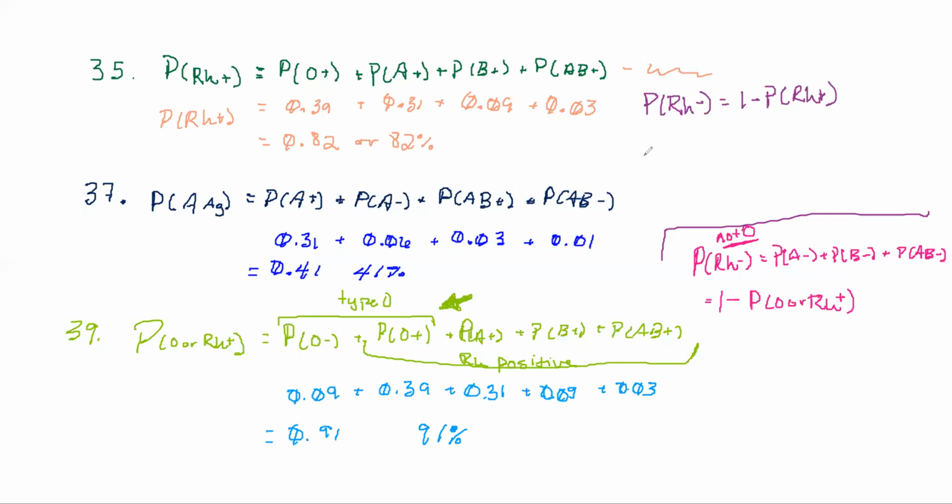I have a feeling that they're going to put a problem like this where they give you a list of data and then they have you think about what's all on this list, what can I do about this, how do I organize it? And the best thing to do, I would recommend, is to write everything down. Write down what you want. For instance, here I wanted the probability of Rh positive.